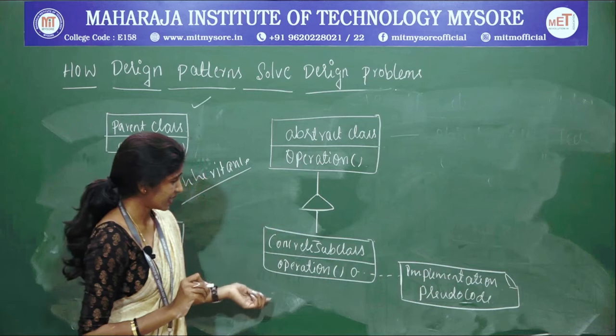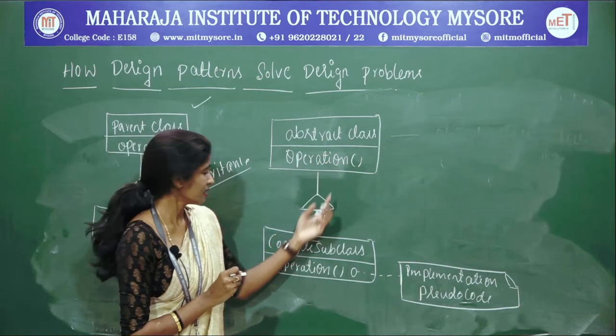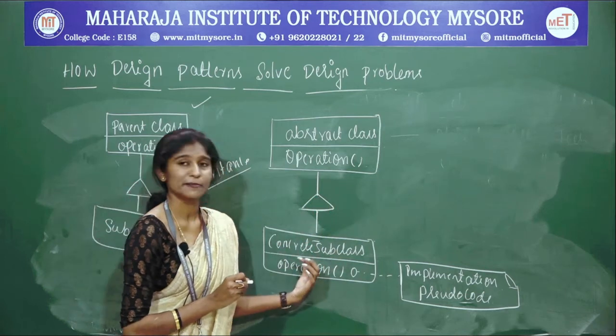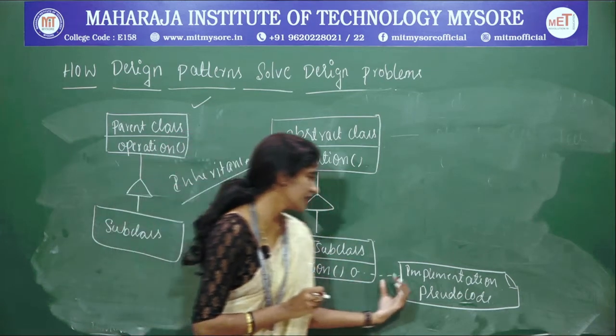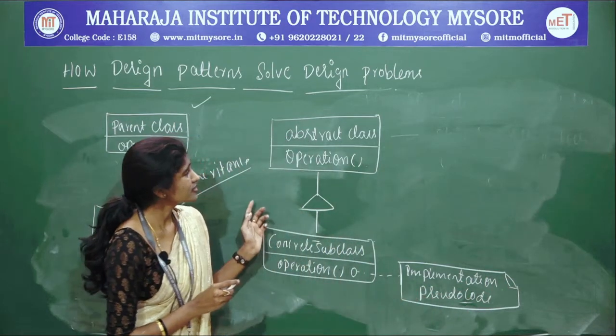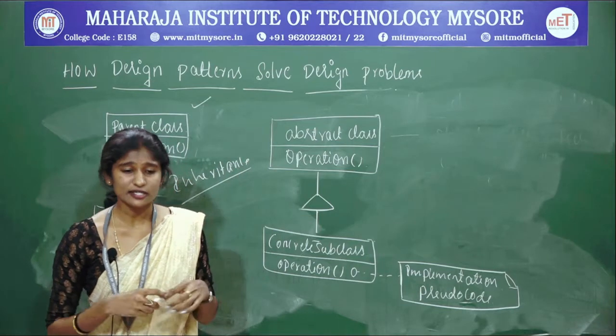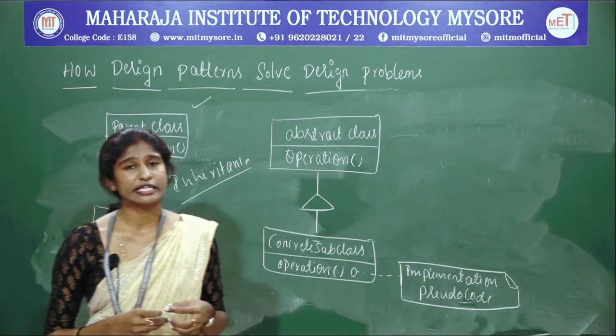And then coming to this diagram, you have an abstract class, okay, with operations. You can see concrete subclasses and some operations. So that is the implementation details. Okay. So what is this one? Abstract class. An abstract class doesn't contain any implementation details.